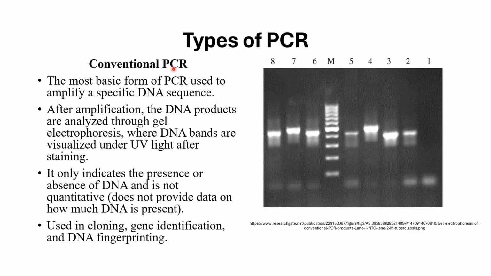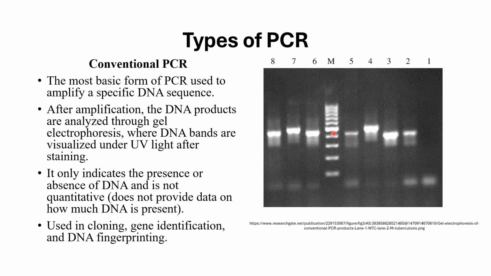Now the conventional PCR cannot tell us how much DNA is present. It only indicates that the particular fragment of DNA you are looking for or you hoped to identify is present or absent. For example, here you can see in sample 1, we're not seeing any band corresponding to the ladder on the gel. We could say this sample is negative. However, we look at sample 2, we have some of it, 3, 4, all of it have something.